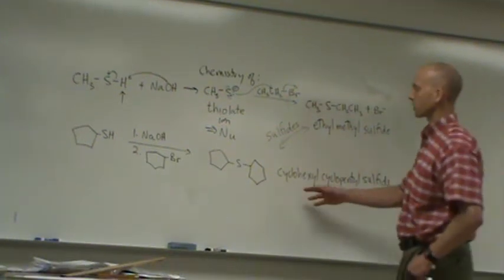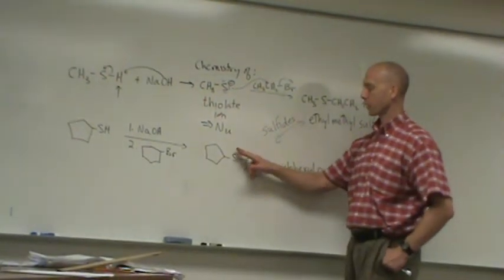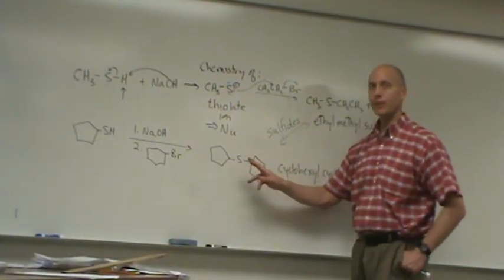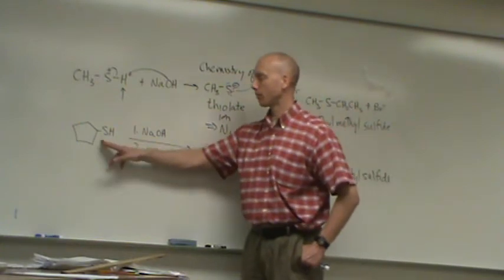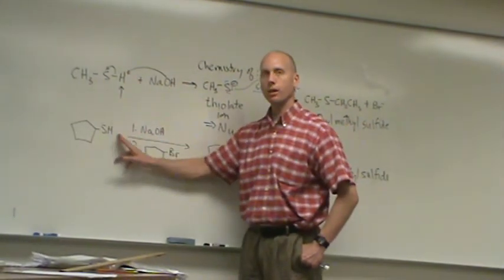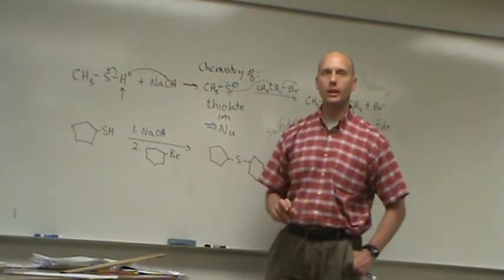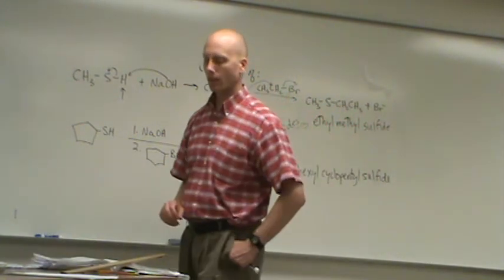All right, so this is how we make sulfides. We'll see ethers are just like sulfides, except you have an oxygen here. And we'll see that ethers can be made not from thiols, but from alcohols. But we'll get to that in our next chapter.